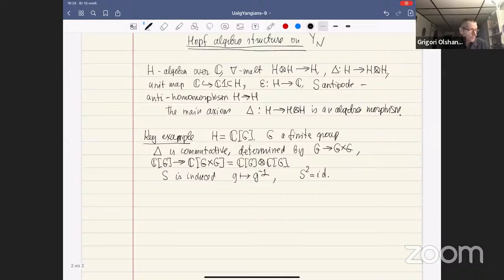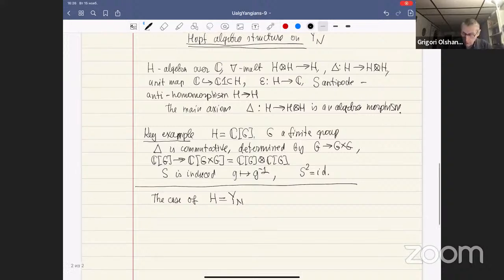And now we discuss the case of the Yangian, which is also a non-commutative algebra. And what is the antipode?